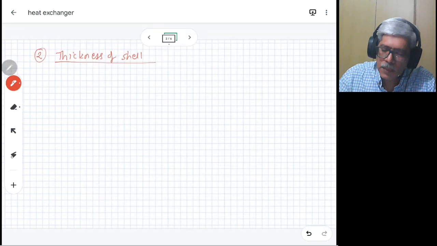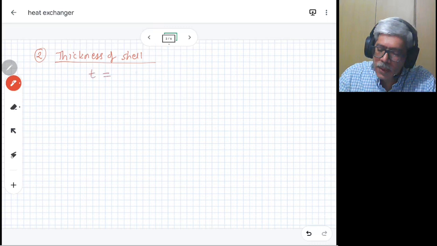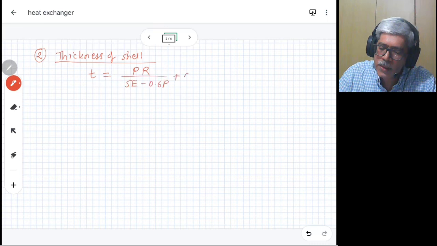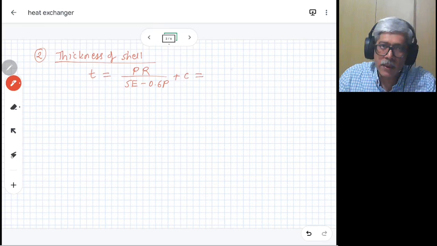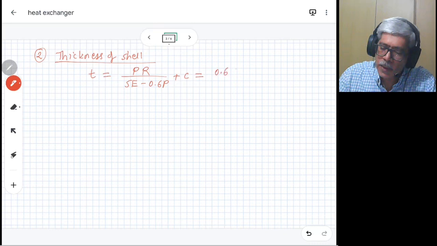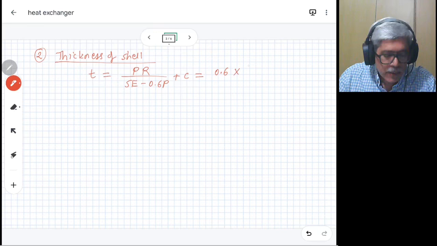As per ASME formula, the thickness of shell is given as PR divided by (SE minus 0.6 P) plus corrosion allowance. In our case, the pressure, the higher of the shell side and tube side, is 0.6 Newton per millimeter square. The radius, we calculated the shell diameter as 340.